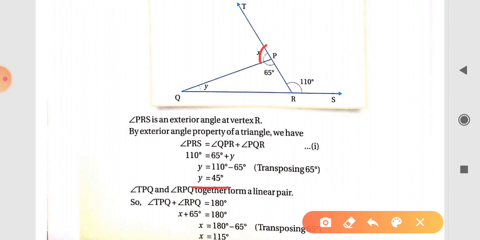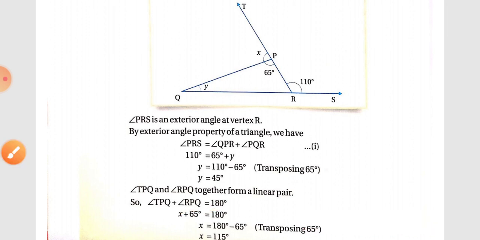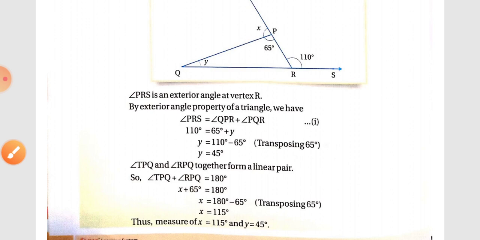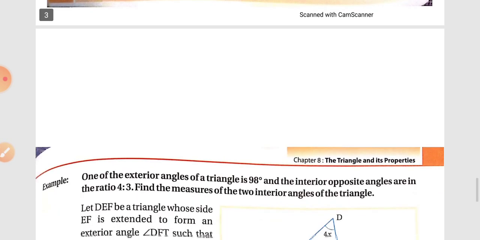We can see that angle QPT, that means x, and 65 degree, that means QPR, are forming a linear pair, so their sum is 180 degree. Then angle TPQ plus angle RPQ is equal to 180 degree. Then after putting values we get x is equal to 115 degree. So we have found the values of angle x and y.